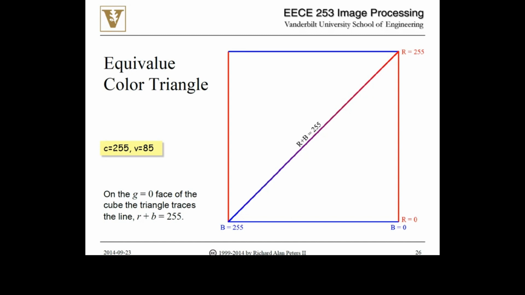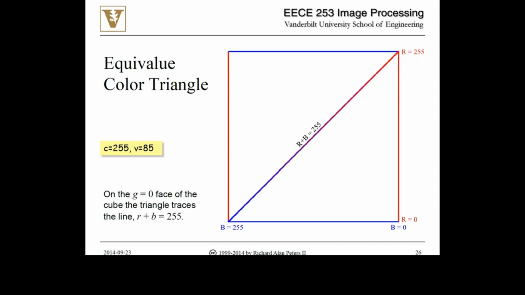Okay, so what is that line? So that line is this line here. And this line here fulfills, for instance, if we take C equal to 255, we choose one C. And then, if we substitute G equals 0 into R plus G plus B equals 255, what we get is R plus B is equal to 255.